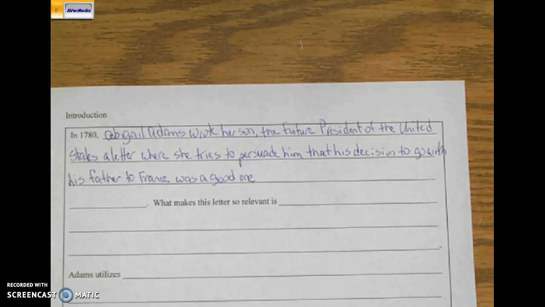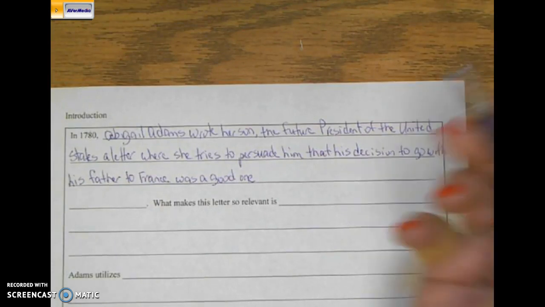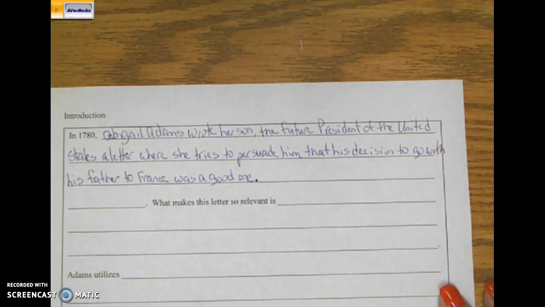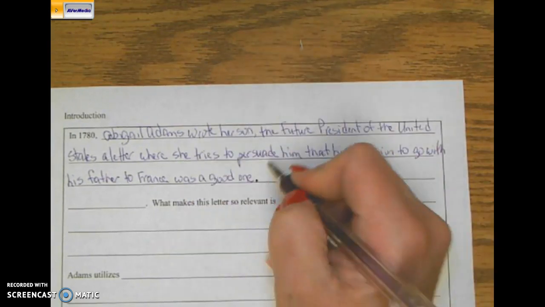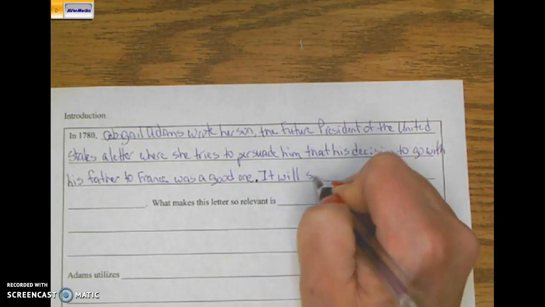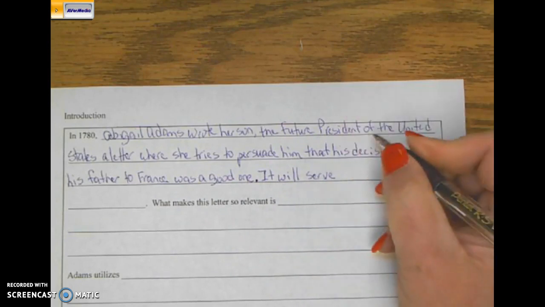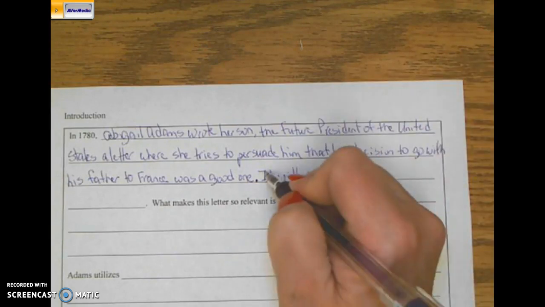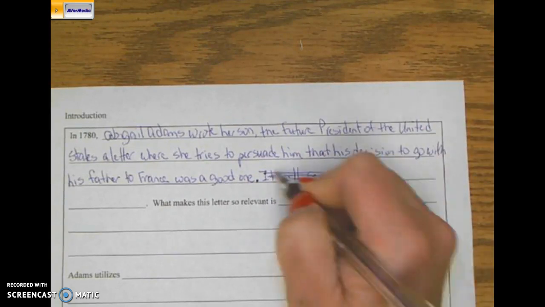Now, we know that he's not real thrilled about going, correct? Traveling overseas for not the first time with his father is not his idea of fun. However, he needs to go. I'm not sure we need to say it will serve. I think we need to say instead, so again remember, marking out is perfectly okay.